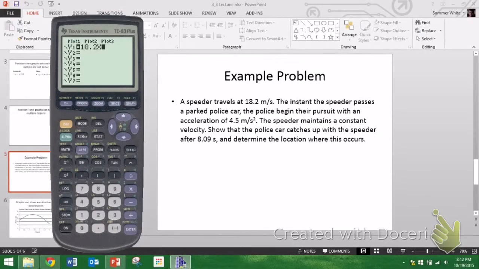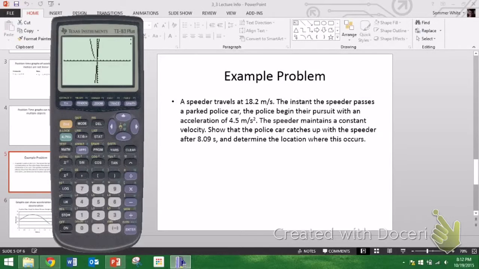So I'm going to put that in there. And then I'm going to put in my equation for my cup, which was 2.25 times my independent variable squared. So those are my two equations, and I can hit graph.